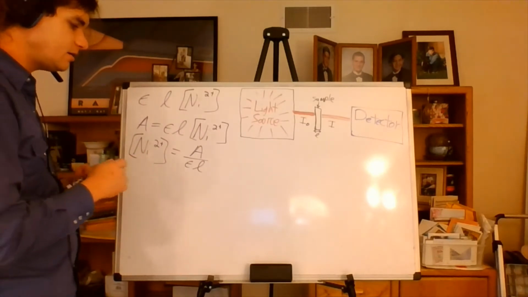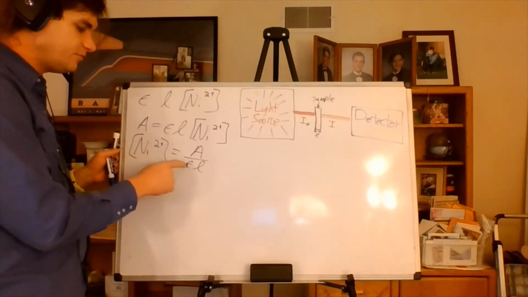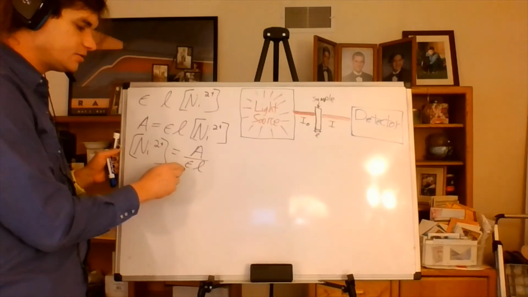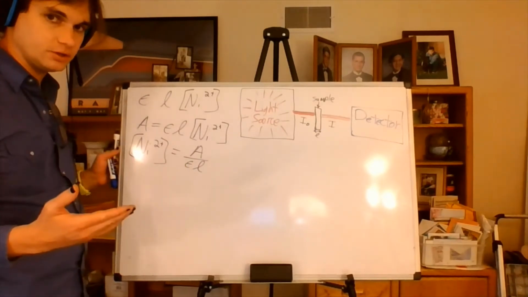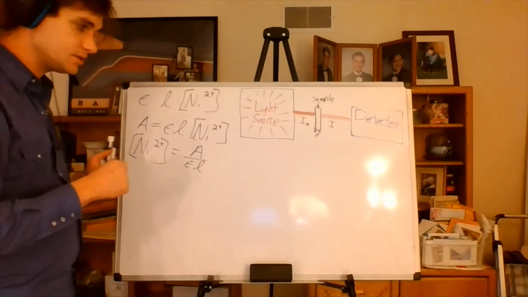So instead of looking this up, what we can do is make a calibration curve which will tell us what this number actually is.